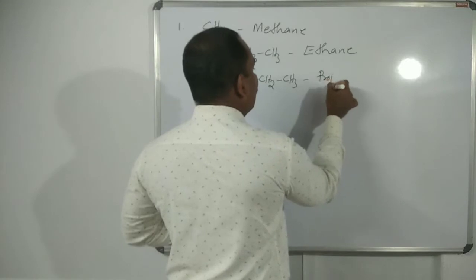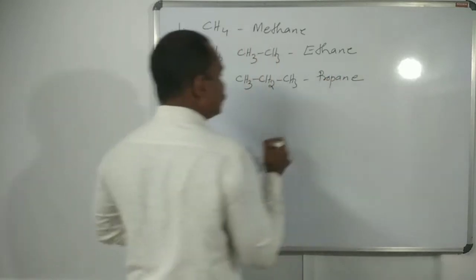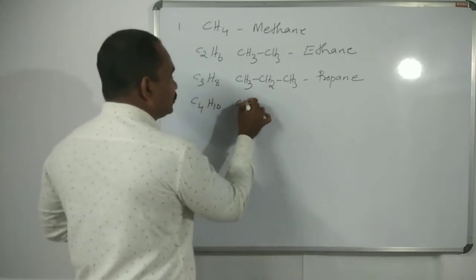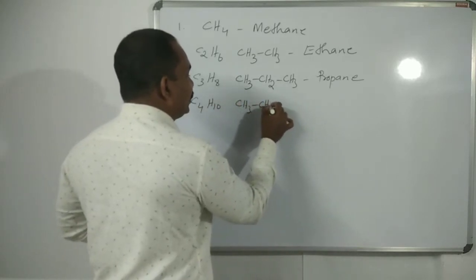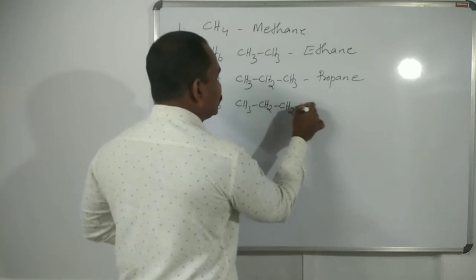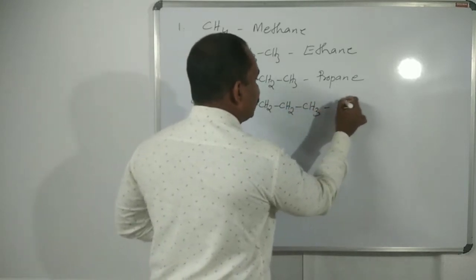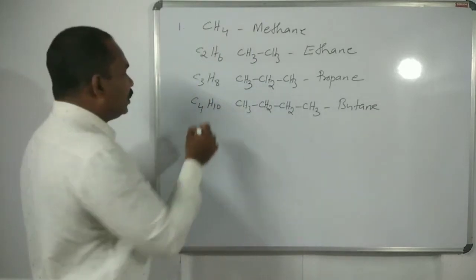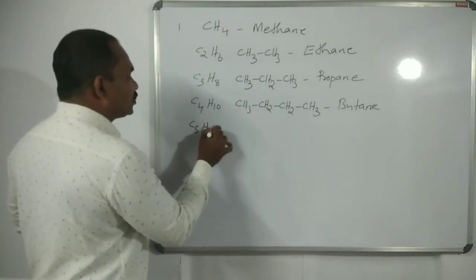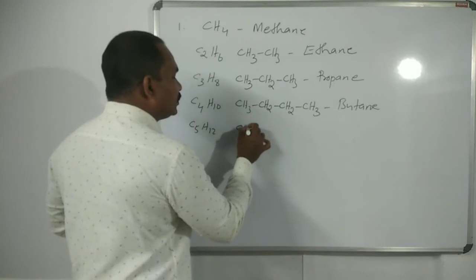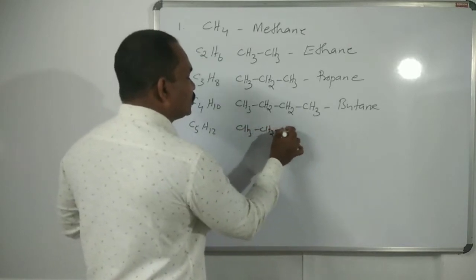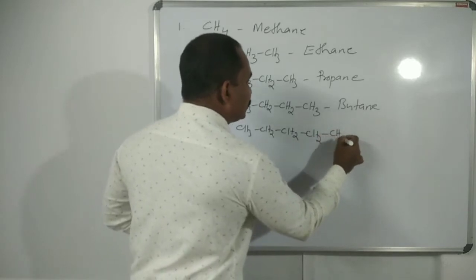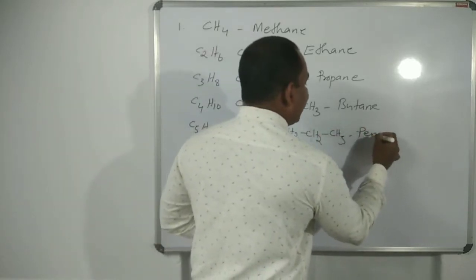It is propane. C4H10, CH3, CH2, CH2, CH3. It is butane. Then C5H12, CH3, CH2, CH2, CH2, CH3, pentane.